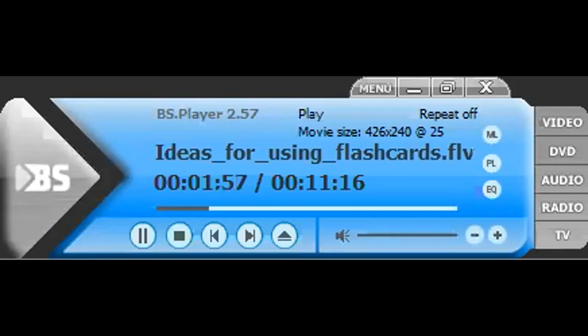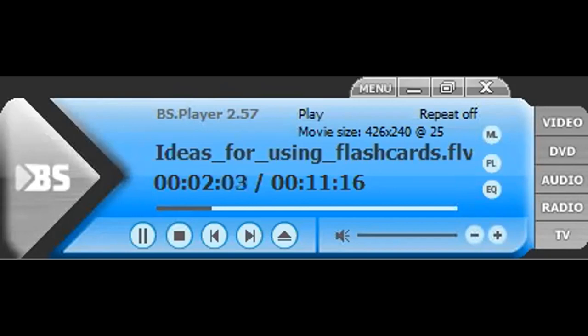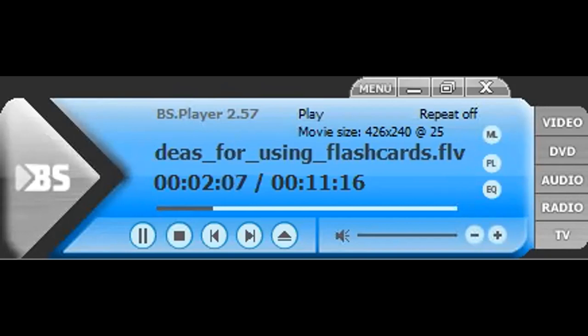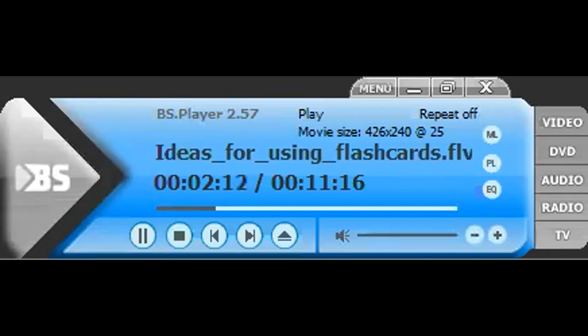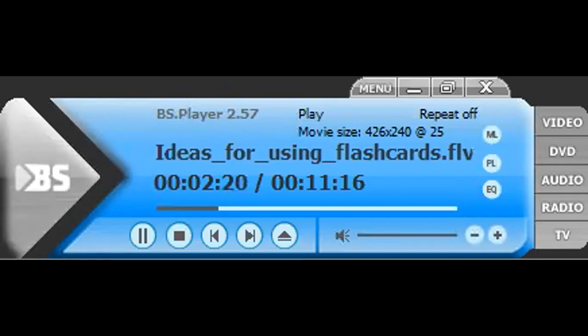Ask the children to close their eyes and cover their eyes with their hands. Demonstrate this. Remove one of the flashcards from the board and hide it behind your back. Ask the children to open their eyes and say what's missing. It's the whale. Very good.